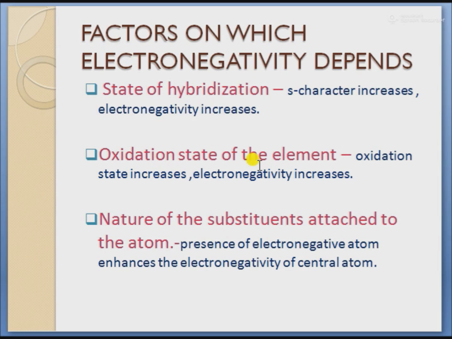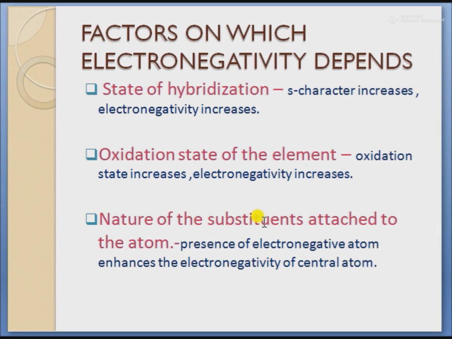Next is the oxidation state of the element. Oxidation state means the charge acquired by the atom or group of atoms, whether positive or negative. It is a number assigned to the atom. As the oxidation state increases, the electronegativity of the atom increases.